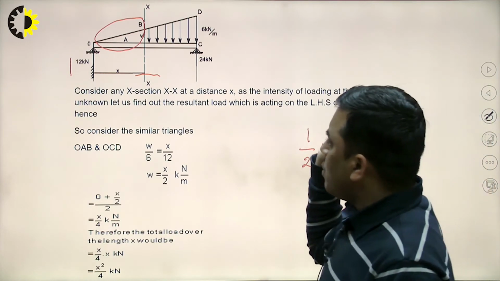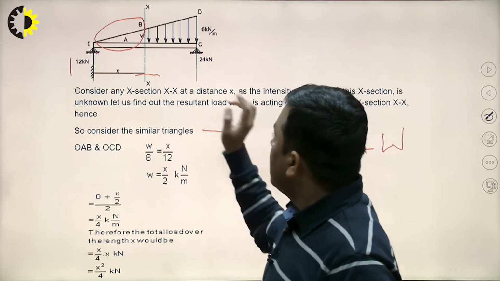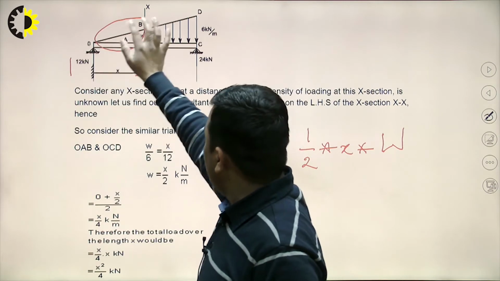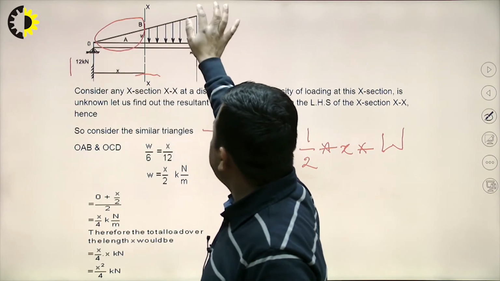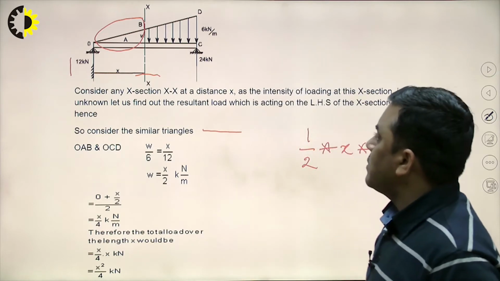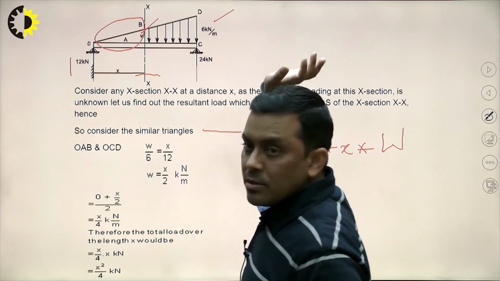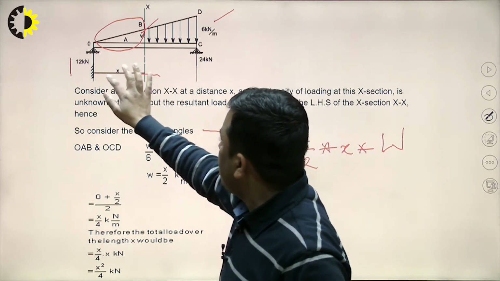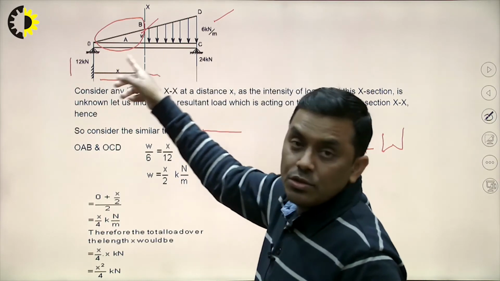For finding W, we can apply the concept of similar triangles. Similar triangles between which two triangles? OAB and OCD. These two triangles are similar. So, W upon 6 equals the ratio of their bases, x upon 12, as the span is 12 meter.